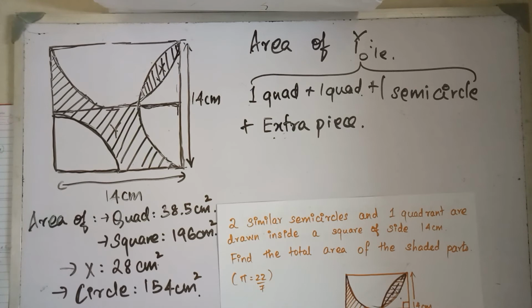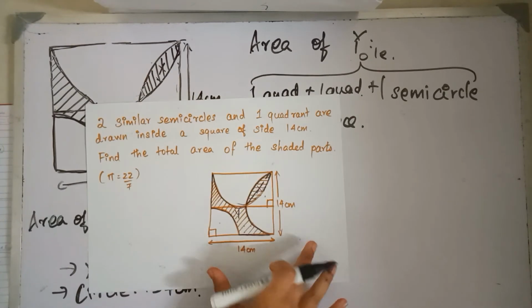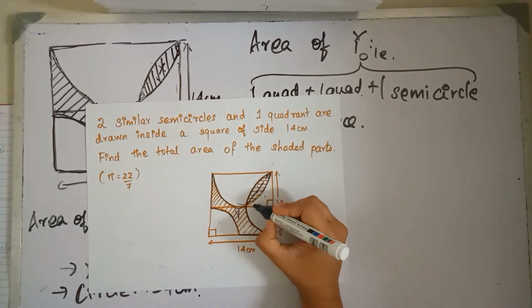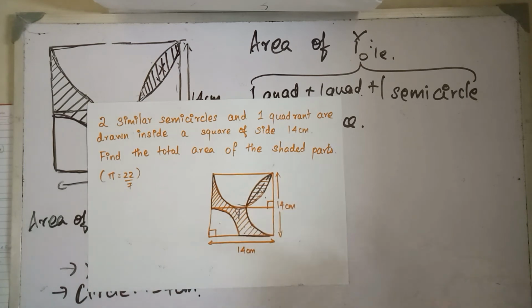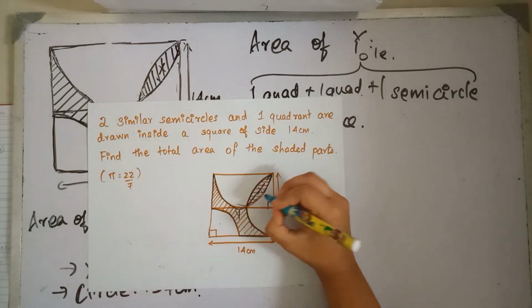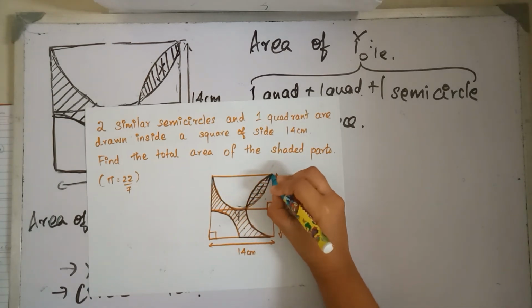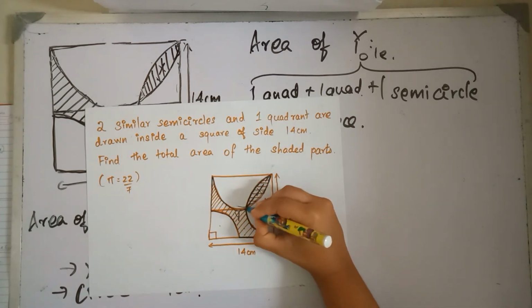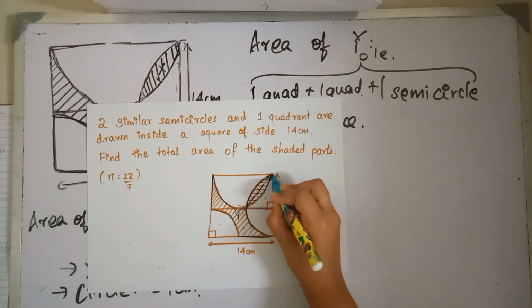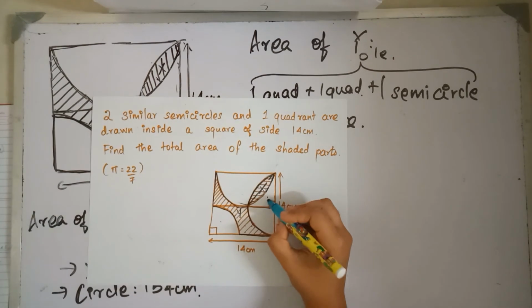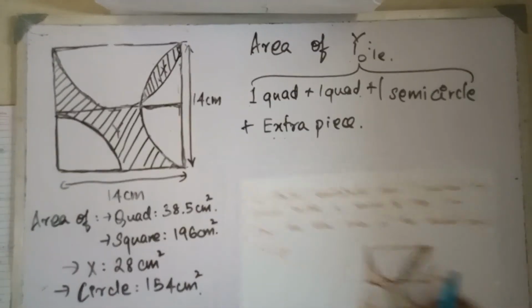Now what is the extra piece? Let's look at the diagram. What's the extra piece made up of? The extra piece is nothing but this quadrant. I'll just mark it with the sketch. This quadrant, subtract this region x. The quadrant minus region X will give extra piece.